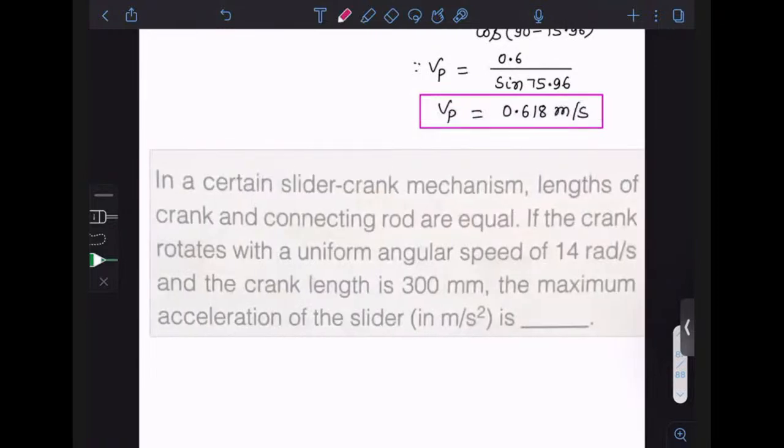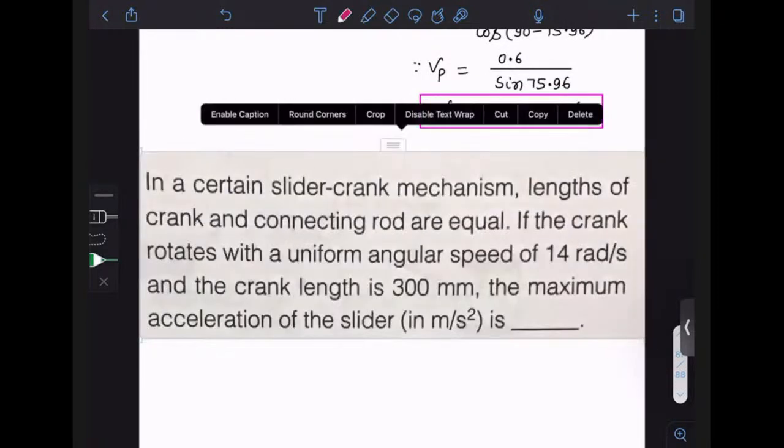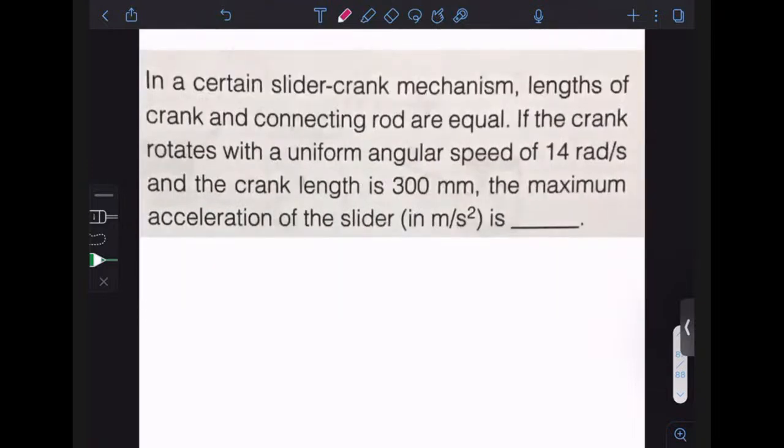Now, guys, I am expecting everyone to solve this. Everyone, please solve this. Maximum acceleration is asked, maximum acceleration of the slider.